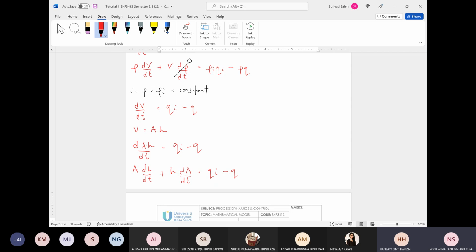So it remains constant, and you can neglect dA over dt. This ends up with A dH over dt equal to Qi minus Q. This is the final overall mass balance for the given case study.